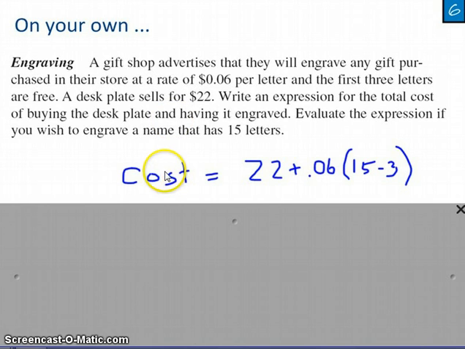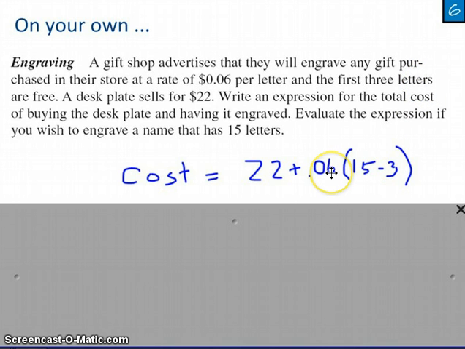Well, I decided that I'm being asked for cost. And the expression for that is going to be the pieces of that cost. Well, one piece is the $22 just to buy the plate itself. The other part is 6 cents for every letter that gets engraved, except that I get the first 3 letters free.